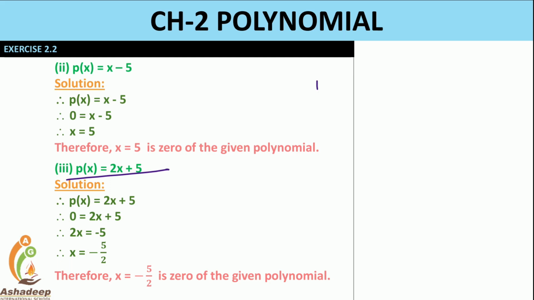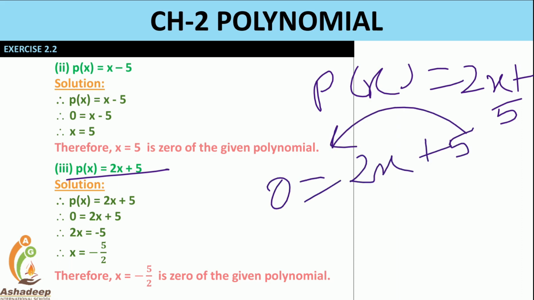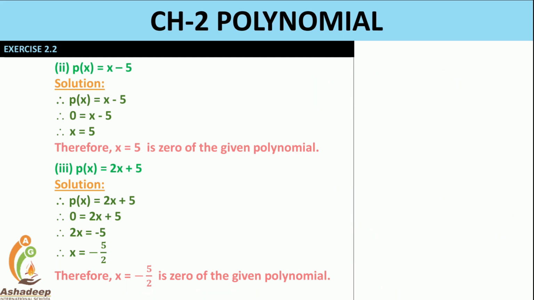Now here p of x is equal to 2x plus 5. So 0 is equal to 2x plus 5. Now 5 goes onto the other side, it becomes minus 5 is equal to 2x. Now 2 from the numerator comes into the denominator, so minus 5 by 2 is equal to x. So x is equal to minus 5 by 2 is the 0 of the given polynomial.